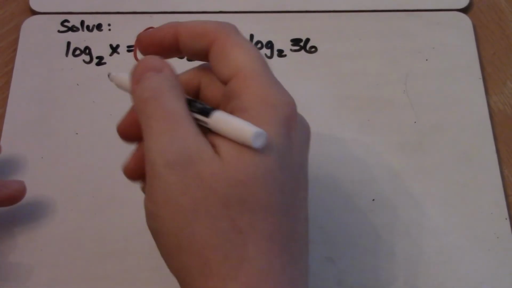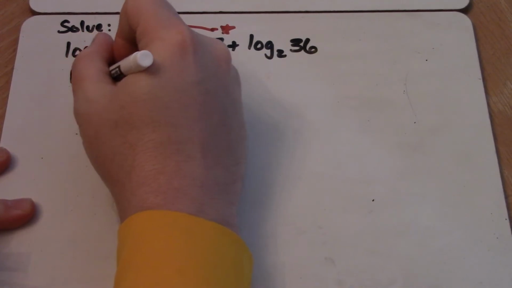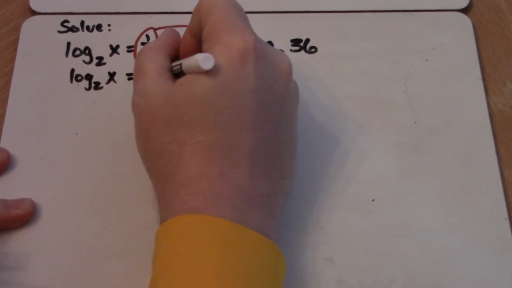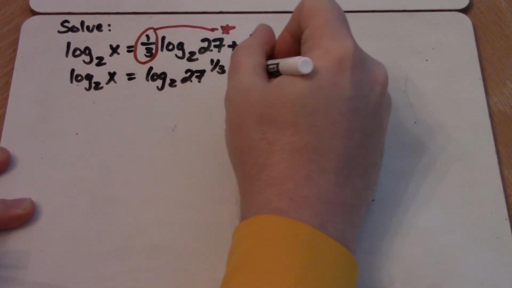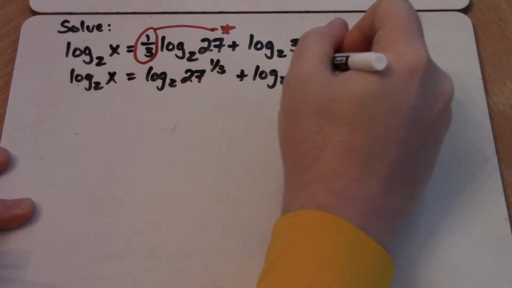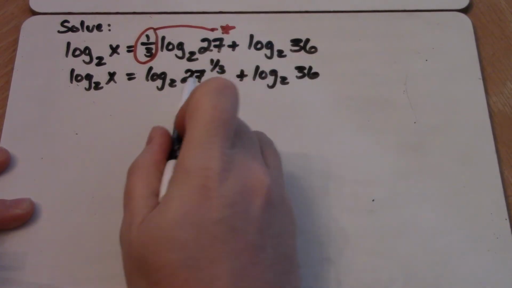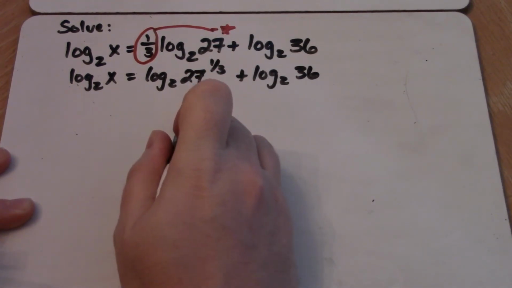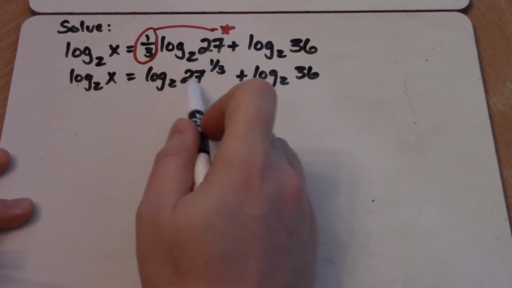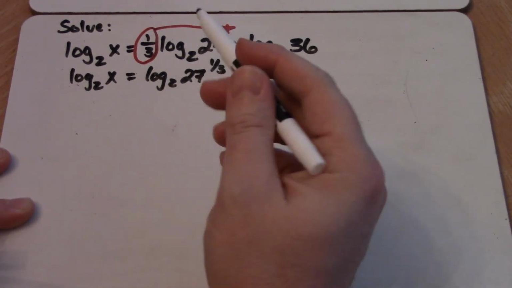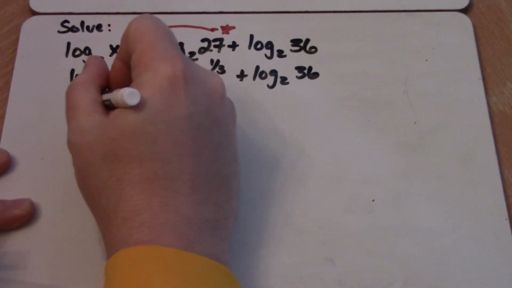So we have here log base 2 of x equals log base 2 of 27 to the 1/3 power plus log base 2 of 36. Now remember that 27 to the 1/3 power is the cube root of 27. So this value here, 27 to the 1/3 power, is 3.